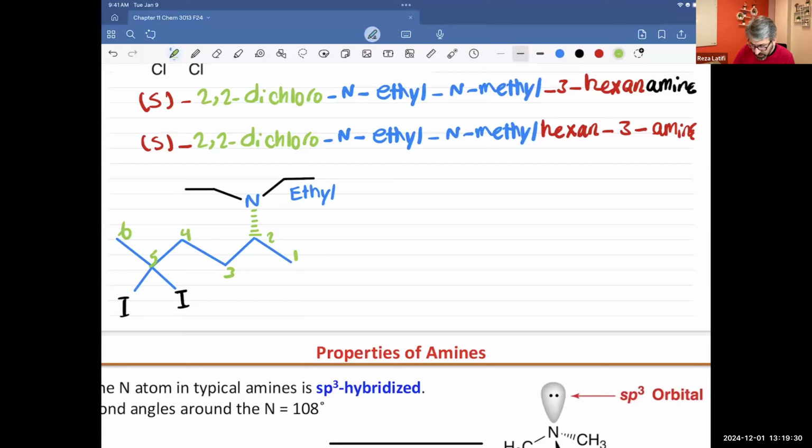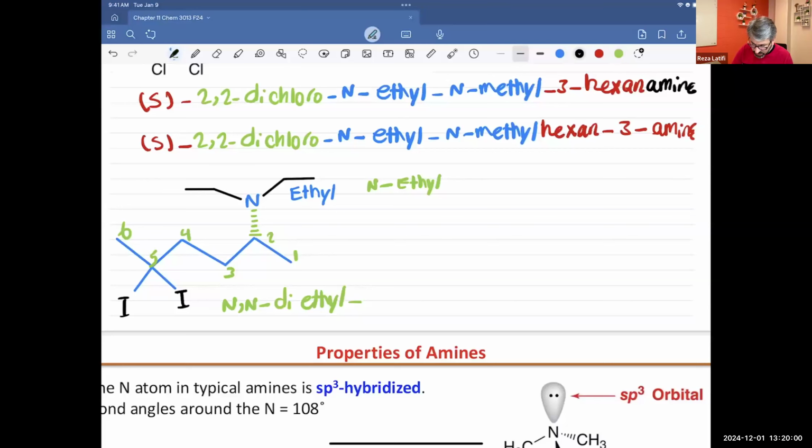I'm supposed to say N-ethyl, but I have two of them, so I go N, comma, N, and then I say diethyl. You want to say you have two ethyls attached to nitrogen. Diethyl, and then say comma.